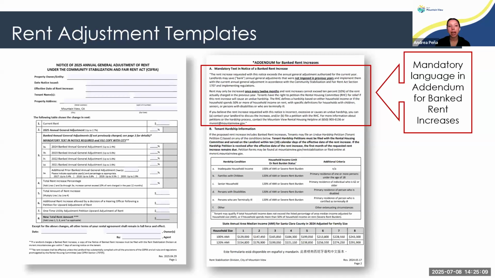And then here we have the back side of that form, which has included the mandatory language for that banked rent increase. So it's already in this template if you choose to use it, or you can use your own template, but just make sure to include that language if you are using a banked increase.